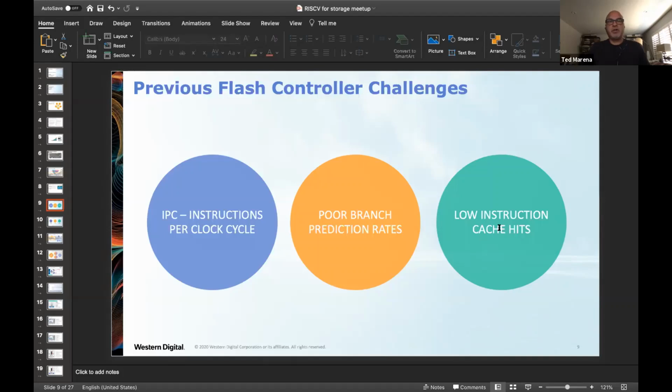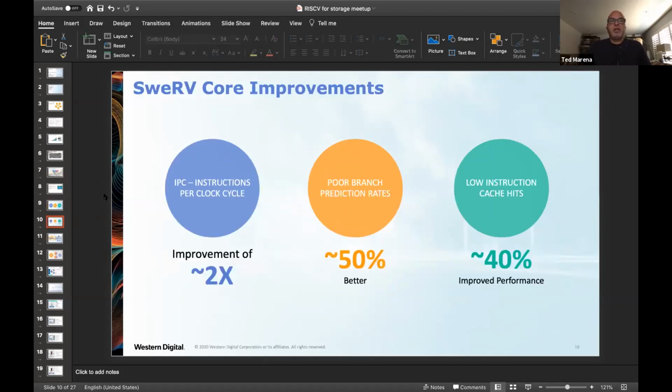So these were issues that, because we had to pick an external architecture before RISC-V, we were constantly asking vendors to work on these things, but these were not necessarily priorities for them. And so, when we introduced our SWRV architectures, especially our initial core, the SWRV EH1, we were able to, with a smaller architecture, get about 2x the improvement in instructions per clock cycle.